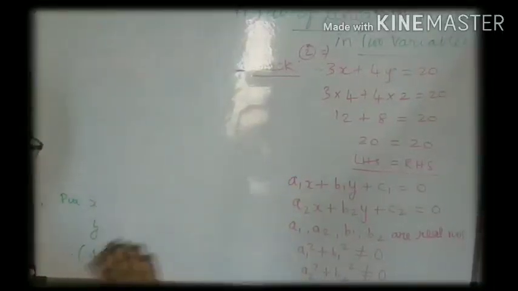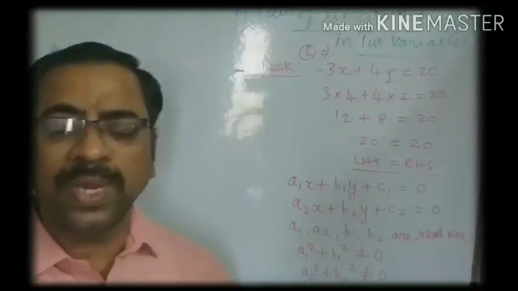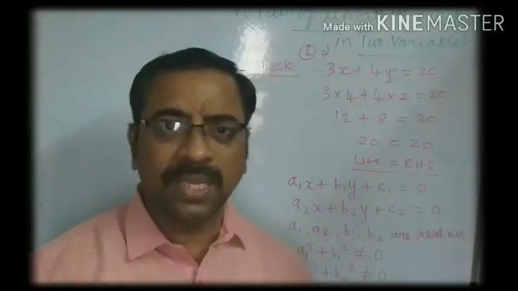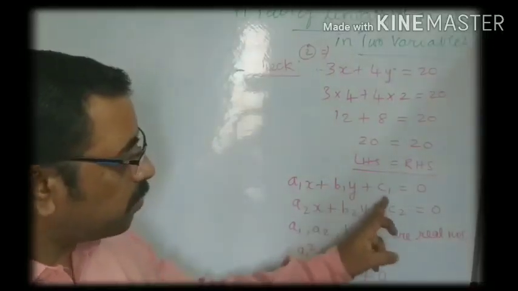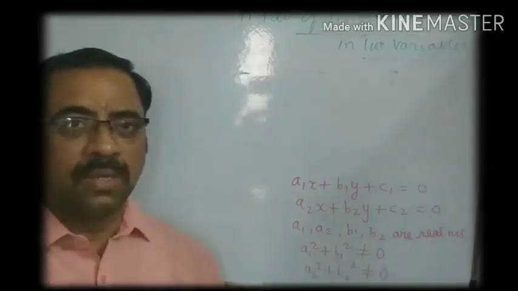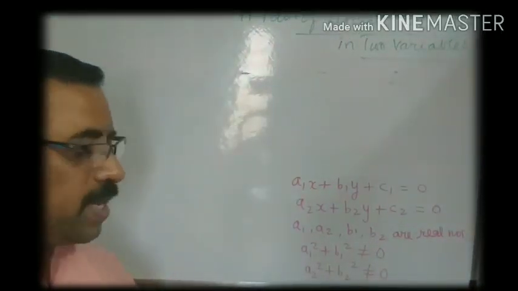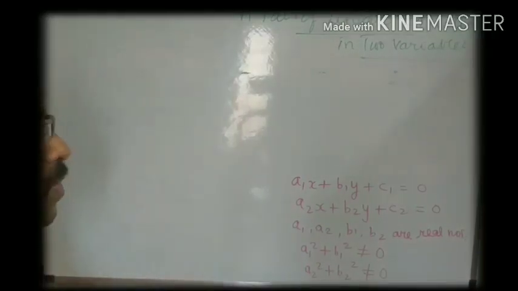And you have also learnt in class 9 that a linear equation in two variables can be represented by a single straight line. Now can you suggest what will happen to this pair of linear equations in two variables? That will be represented as 2 given straight lines.